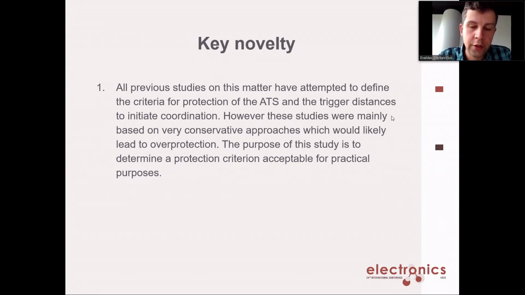But we see that possibly those criteria are overprotecting the systems. It means that we do not use the frequency in the most effective way possible. So we investigated new possible approaches in this area, how to perform electromagnetic compatibility studies in order to share the frequencies as much as possible.